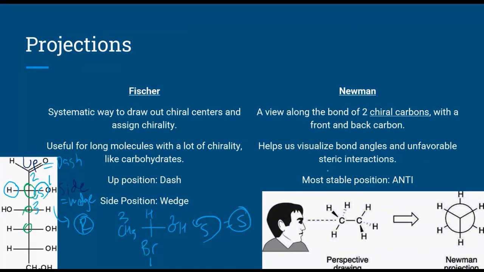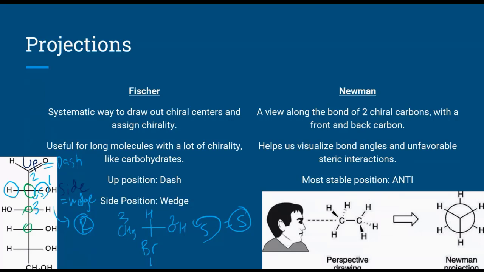The next projection is the Newman. Here you're viewing the bond in 3D space between two carbons, a front carbon and a back carbon. This is useful to help us visualize the bond angles and any unfavorable steric interactions.